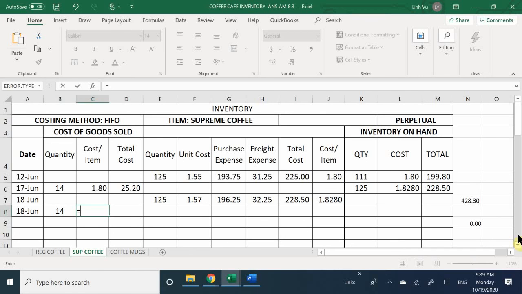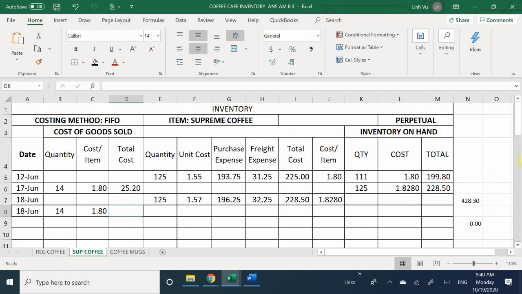So which batch am I taking out from? First batch. First batch of 180. Okay. So go ahead and calculate that. What is 180 times 14? 2520. Okay. So now we got to update our inventory.